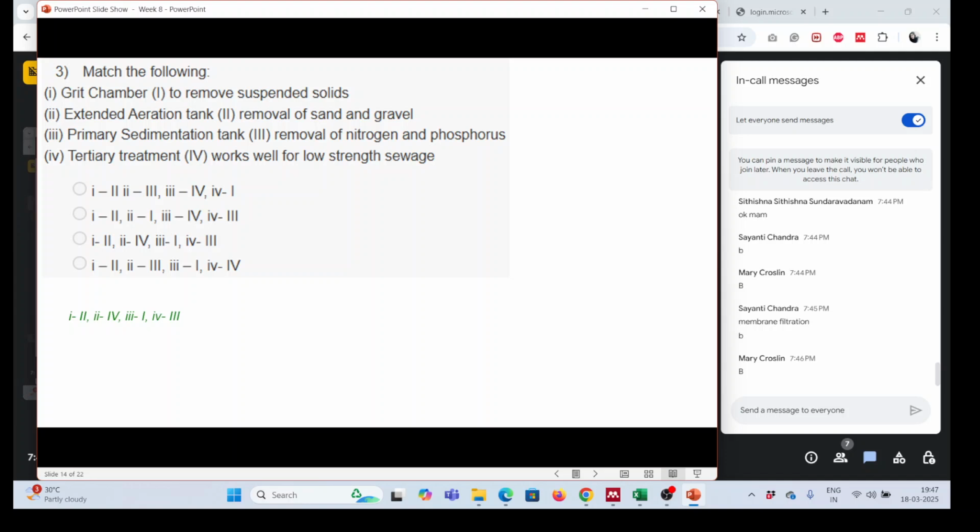So that is used for low strength sewage. Please note this down. We'll move forward to the next one.